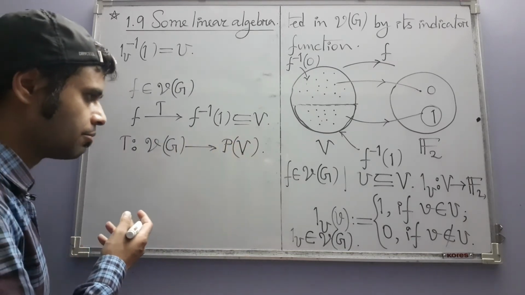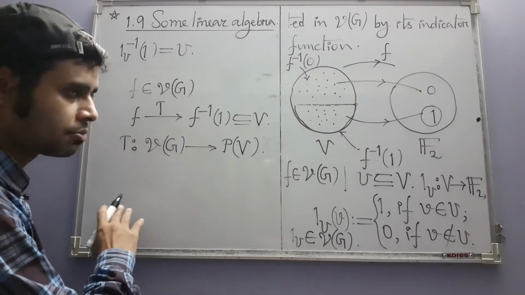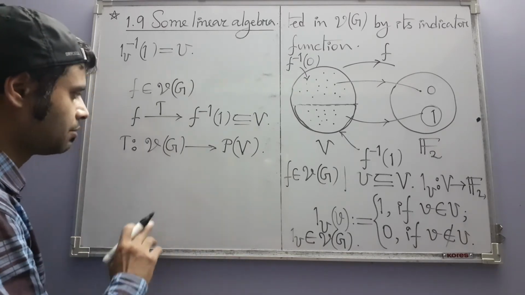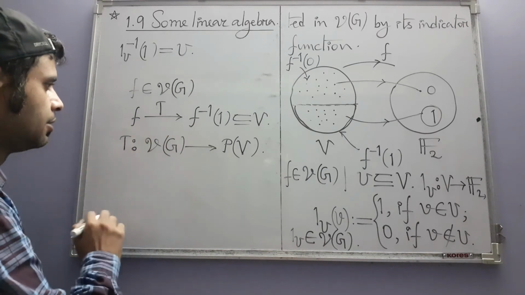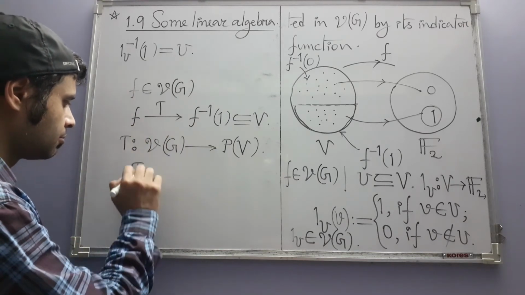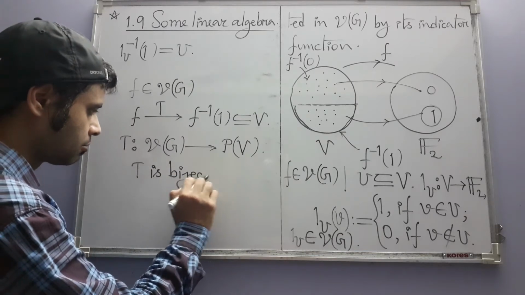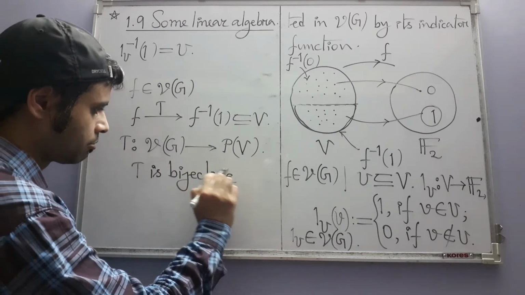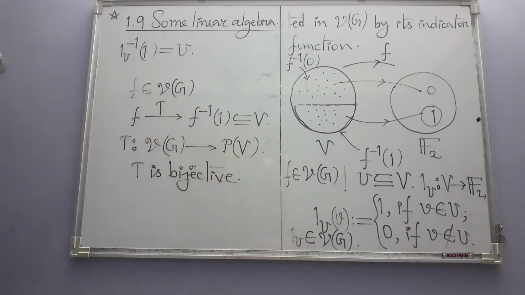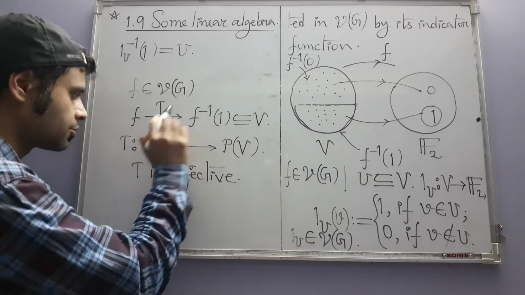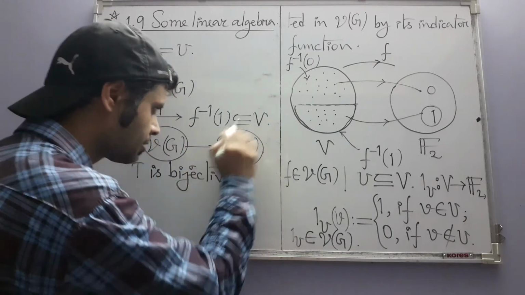And one can quite mechanically, in a straightforward manner, prove that this function is in fact bijective. And that is why there is a one-to-one correspondence between the vector space and the power set of V.